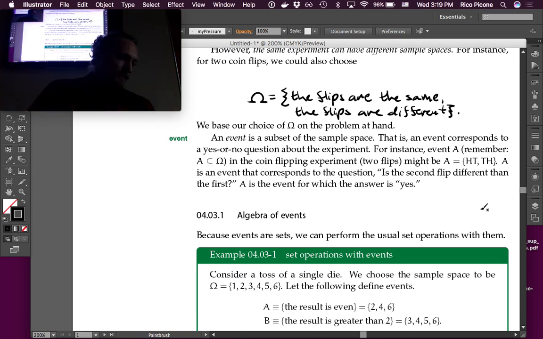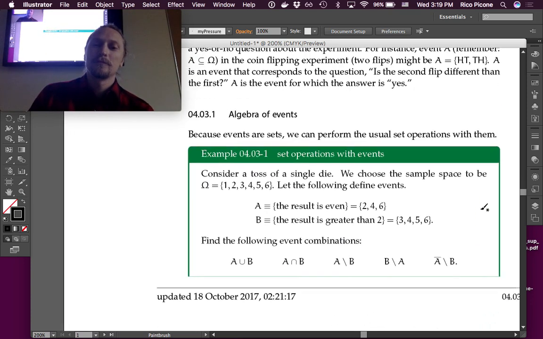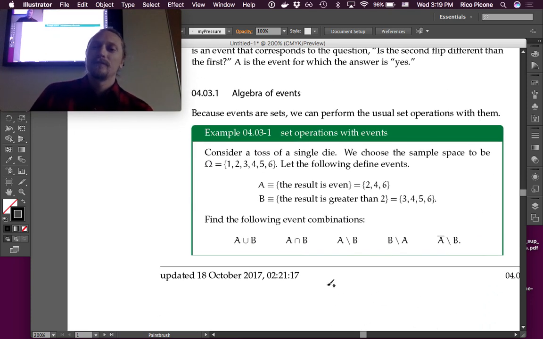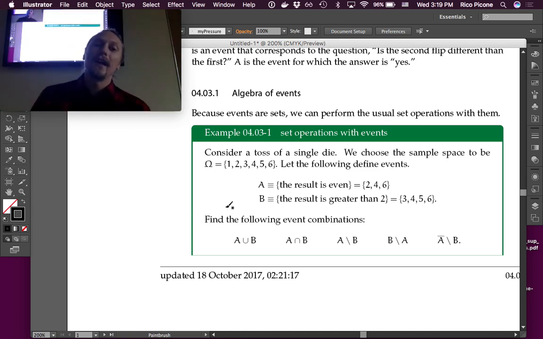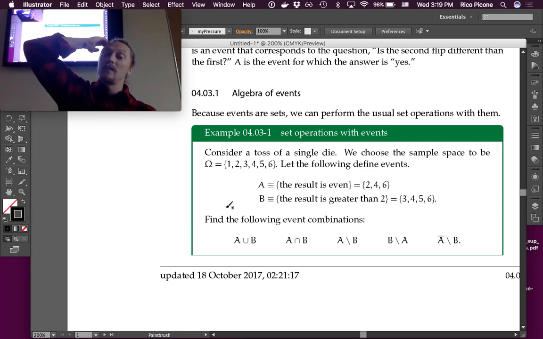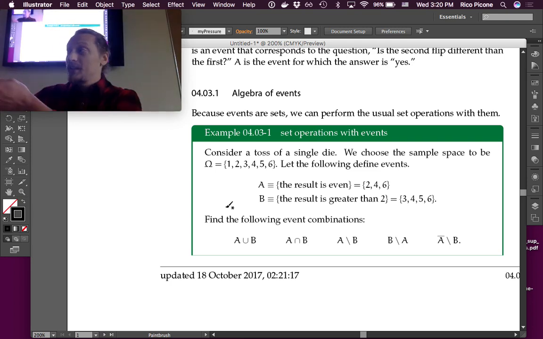All right. Algebra of events. Consider a toss of a single die. We choose the sample space to be 1 through 6 as the possibilities. Those are all the possibilities when you cast a die. And yes, you might be curious about 6-sided ones, right?